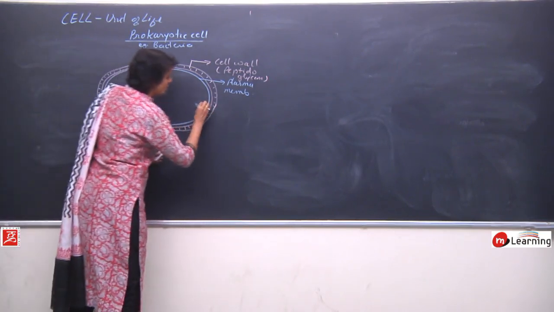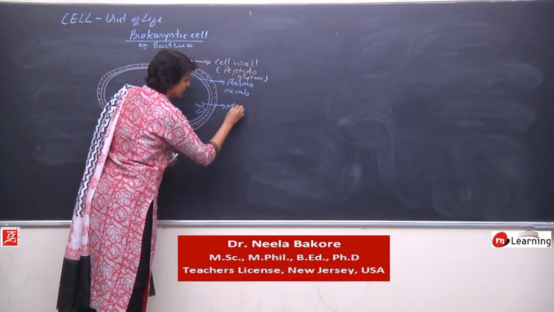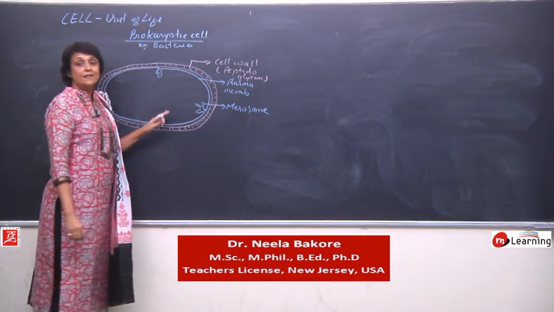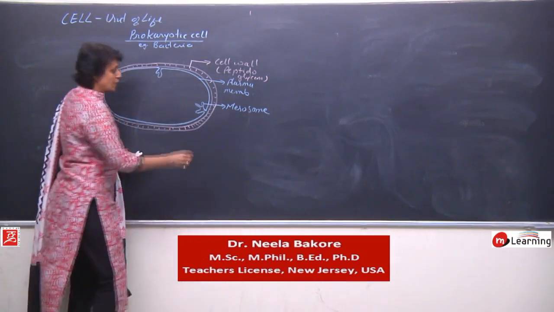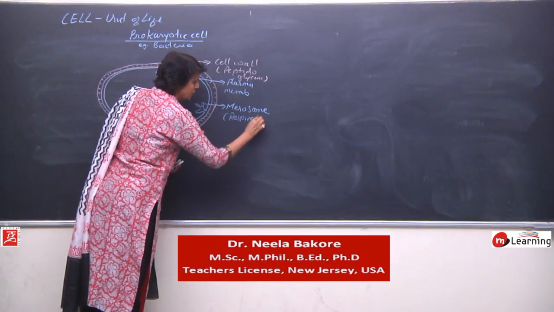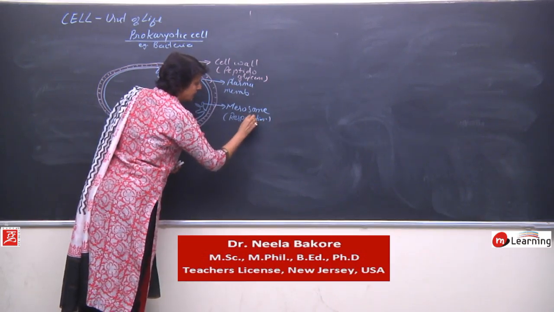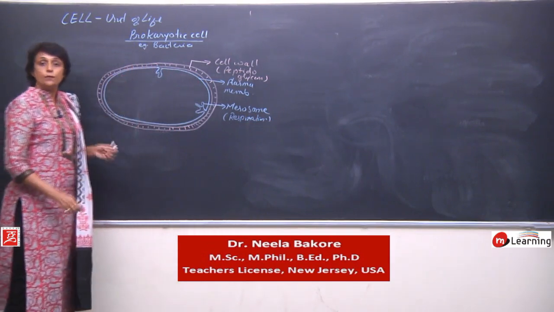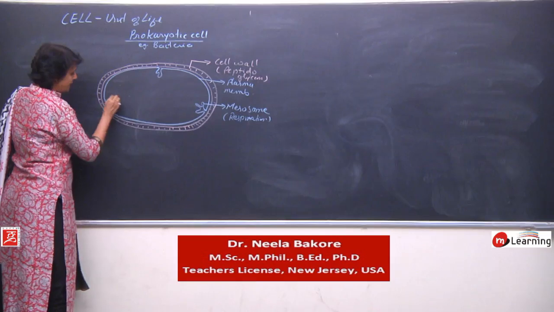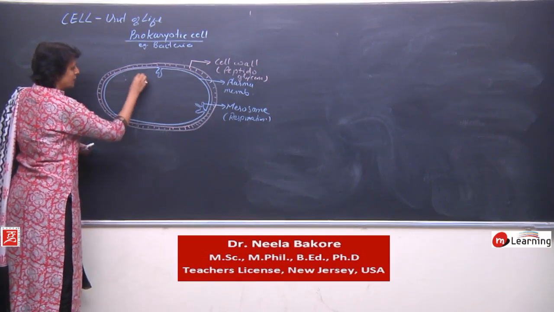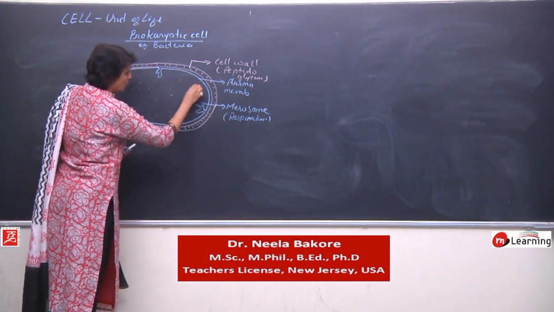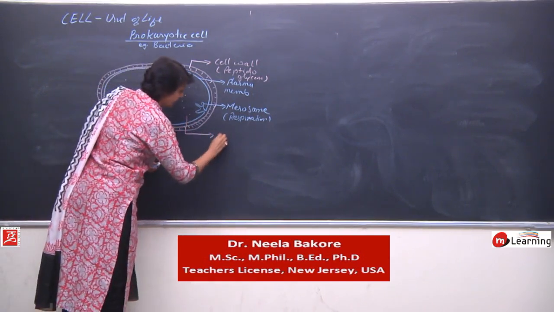These are known as mesosomes. Mesosomes have respiratory enzymes, so they help in respiration. So basically, they are working like mitochondria of eukaryotic cells. The complete inner compartment is filled with a fluid, which is cytoplasm.